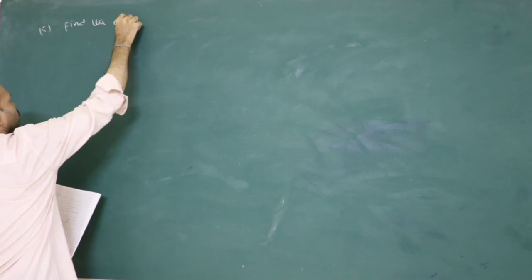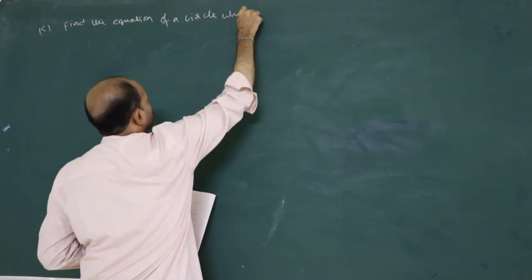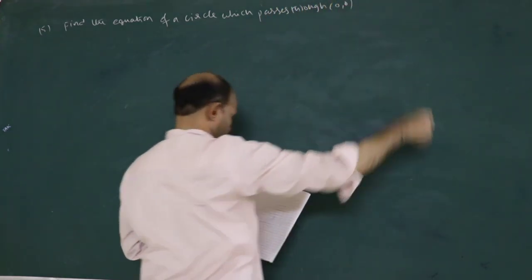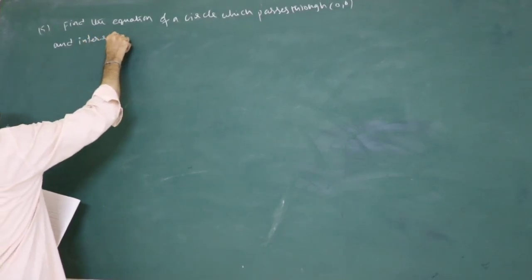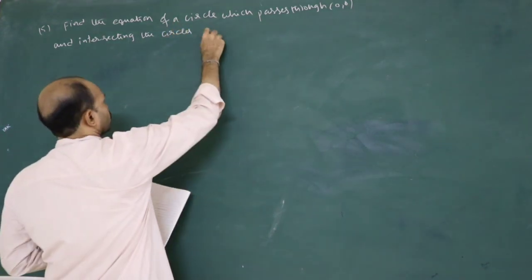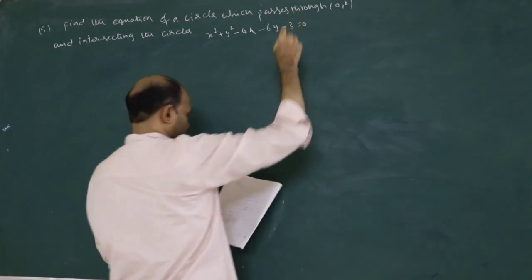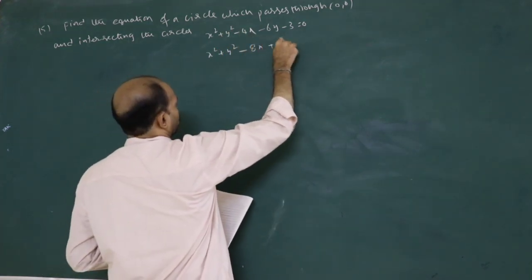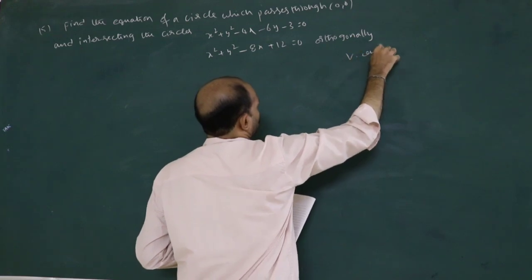Find the equation of a circle which passes through 0, 0 and intersects the circles x square plus y square minus 4x minus 6y minus 3 is equal to 0 and x square plus y square minus 8x plus 12 is equal to 0 orthogonally. This is a very important model.